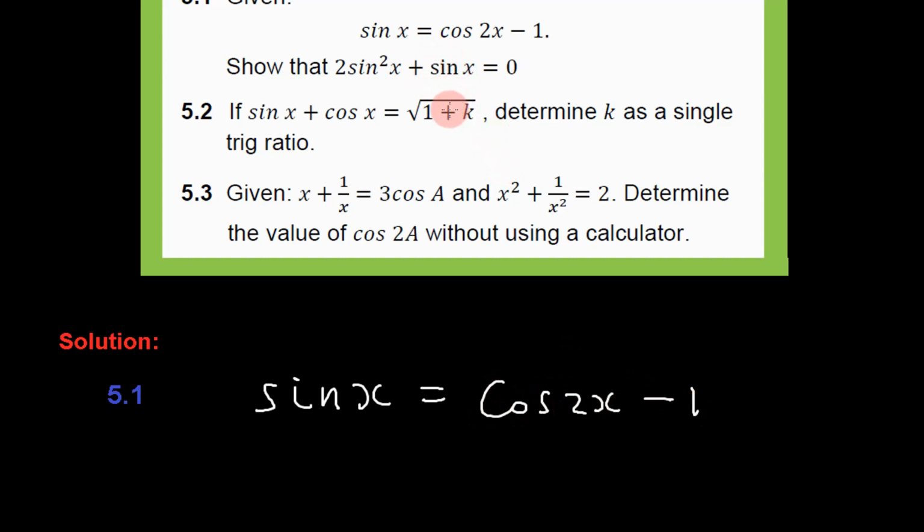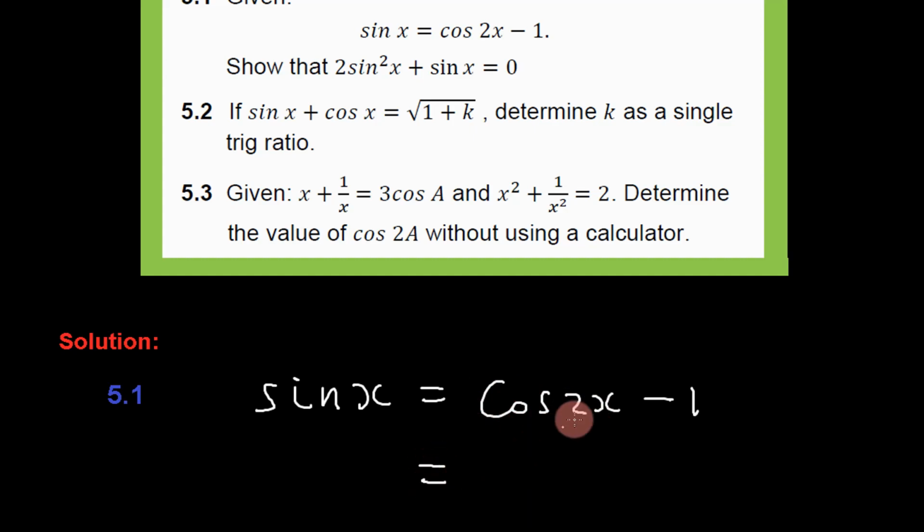Now, important to note that we have a cos in the first equation, but there's no cos in the second equation. So we're going to use one of the three expansions for cos 2x and write cos 2x in terms of sine only.